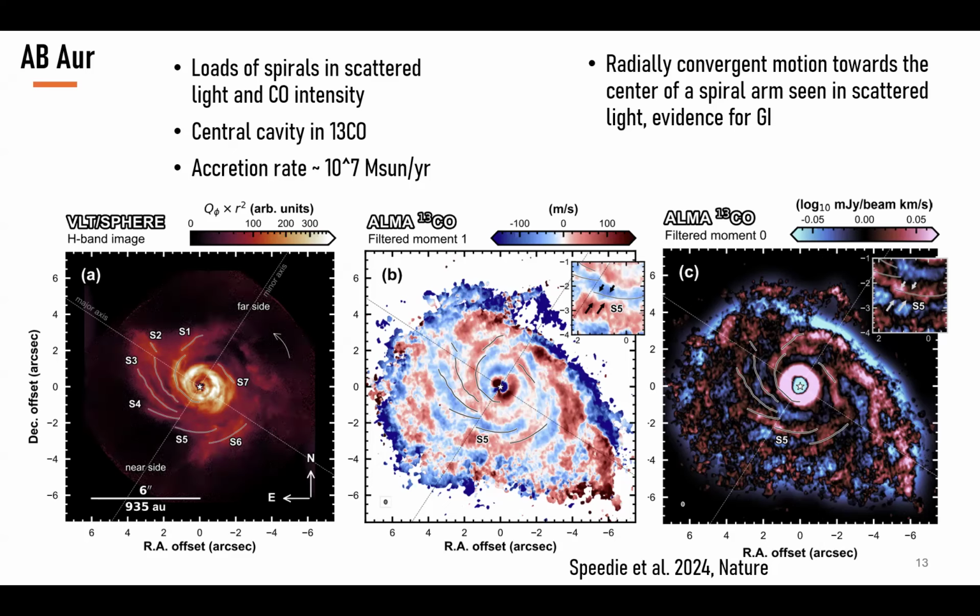So we see spiral arms in the moment zero and in the scattered light, which can be correlated with each other. And she showed that if you look at the location of some spiral arms, such as this spiral S5 down here, and you look at the location in the velocity residuals, along this axis here you're dominated by radial velocities because of sine theta.